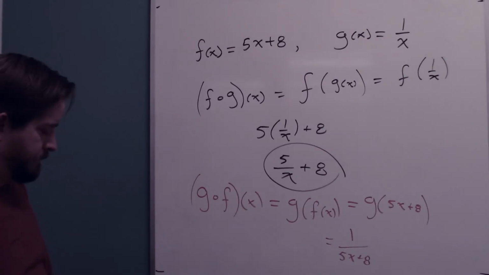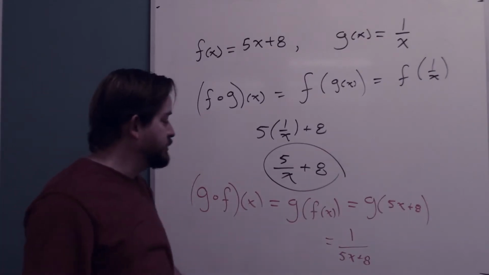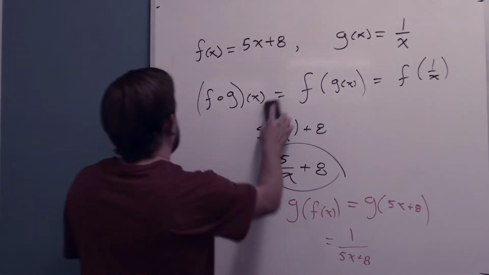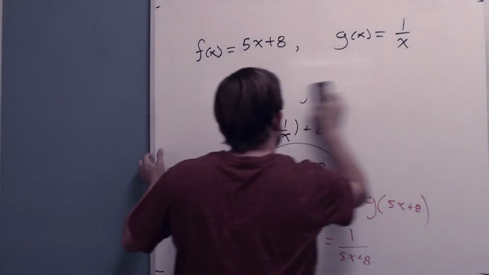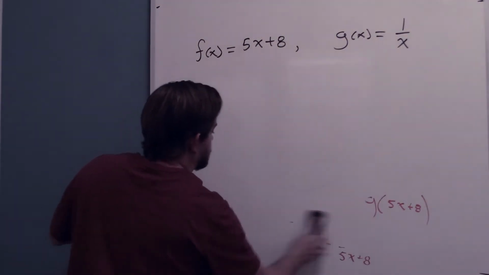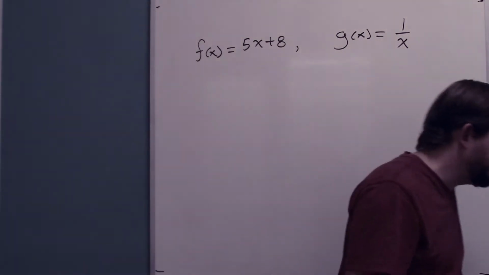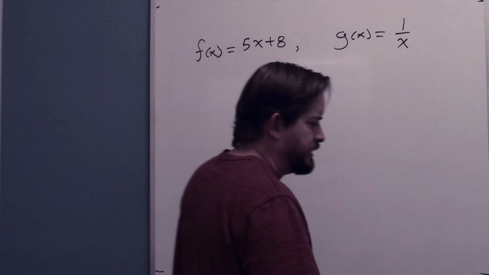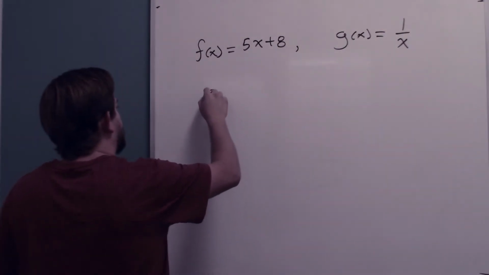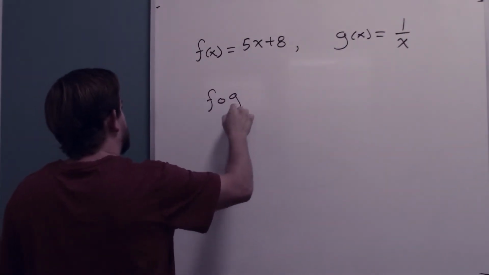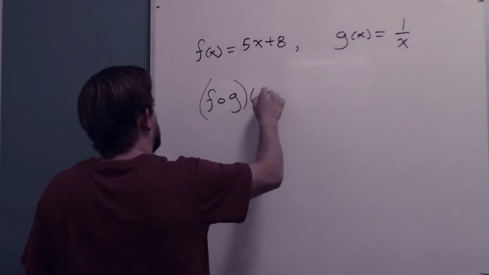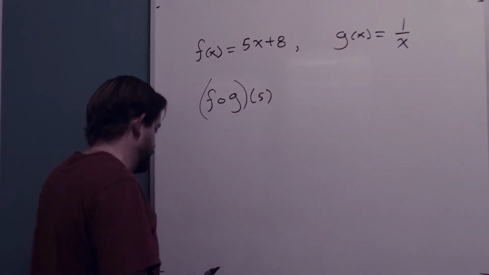Okay. You might be asked to find a specific value. So let's say, again with these 2 functions, you're asked to find f of g of 5. And I'll do this 2 ways because you can do it both ways.